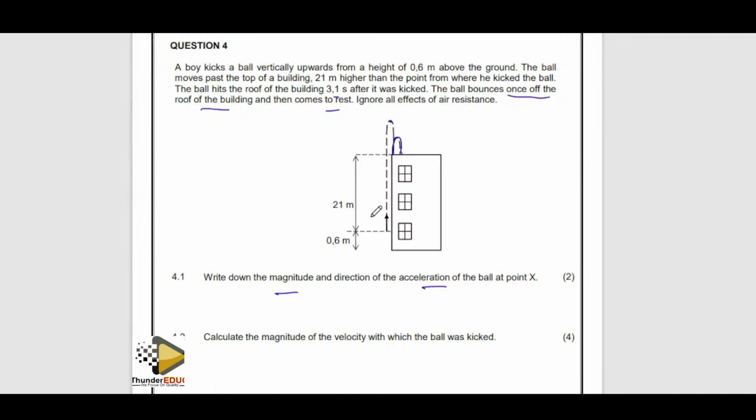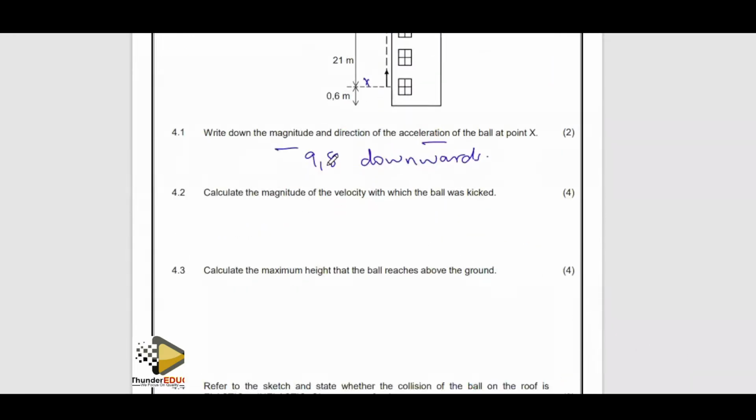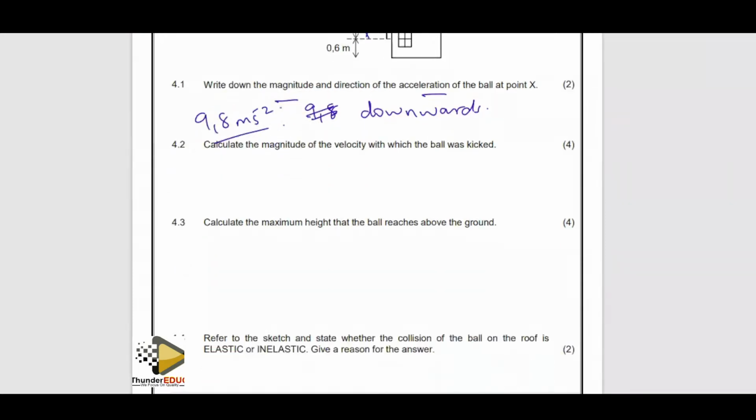Point X is not indicated on the question, but regardless of where that point is, that's going to be just 9.8, and the direction must always be downwards, for as long as it's gravity, as long as it's free fall. Sorry guys, it's 9.8 meters per second squared. So now what about the units?